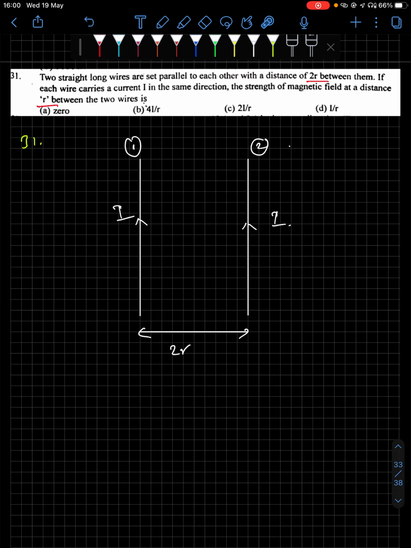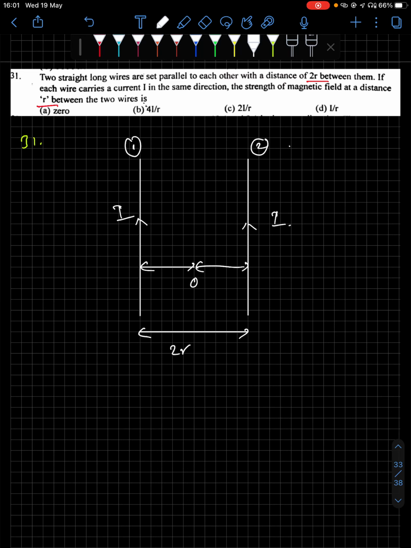Now the field due to the first wire, if you apply the right hand thumb rule, thumb pointing along the current this way, then the fingers will curl inside. You'll see the fingers curl inside the page on the right side of this wire. Therefore, at a distance r, which is exactly halfway between them, right?